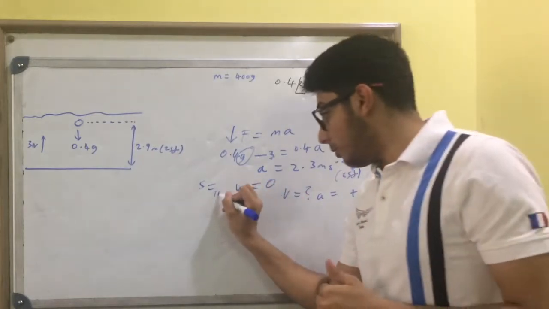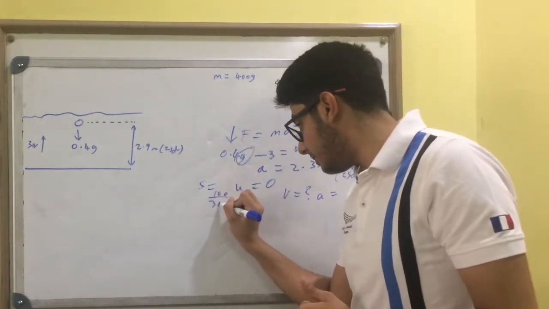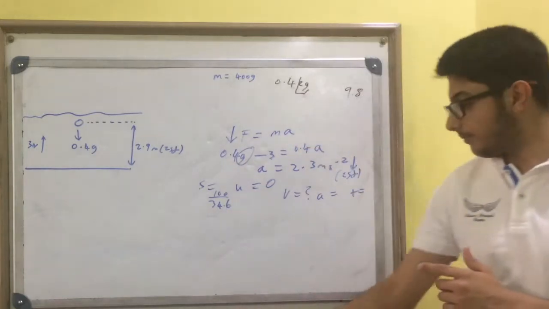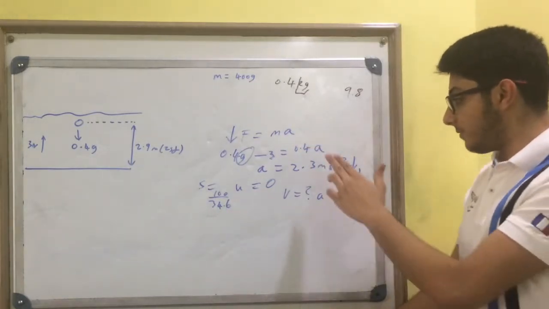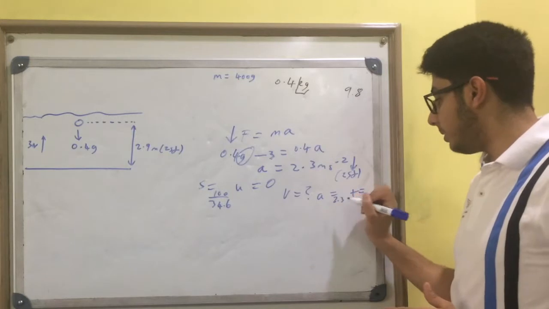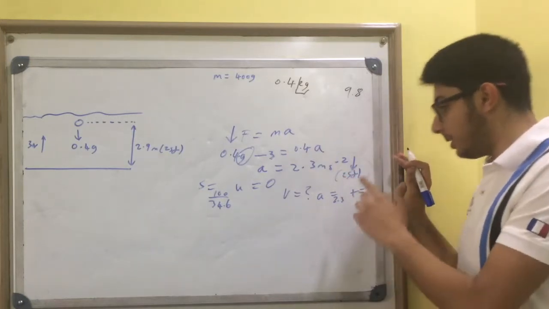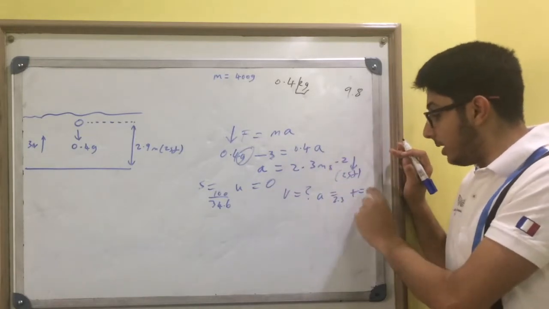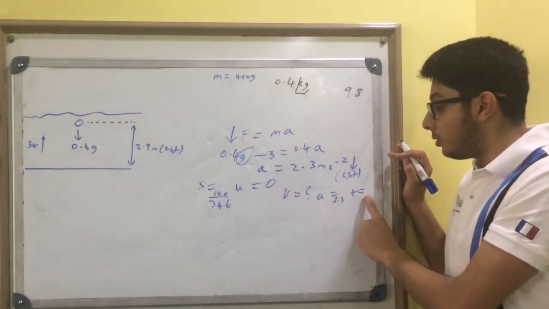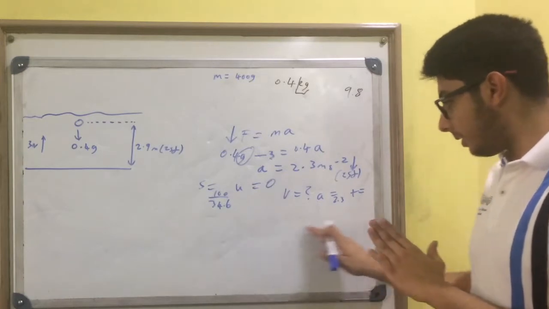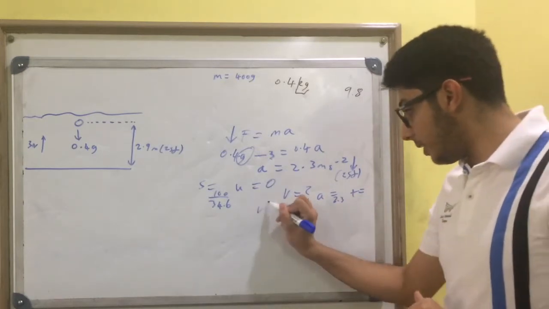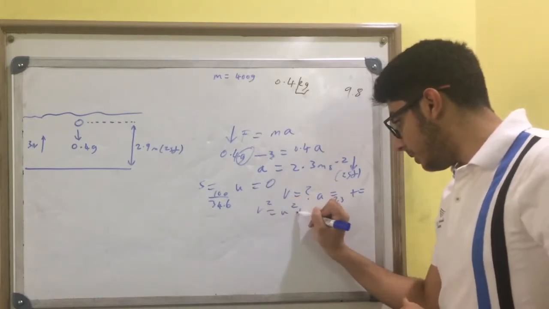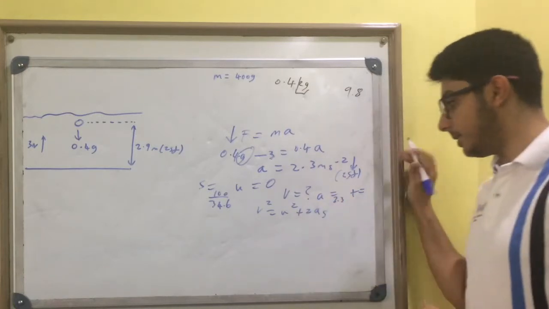So 100 divided by 34.6, I'm going to use that. Acceleration, we just found out, 2.3, two significant figures, but that was the only value that showed up on the calculator, so that's the full value. Time, don't need it. So let's use v squared is u squared plus 2as.